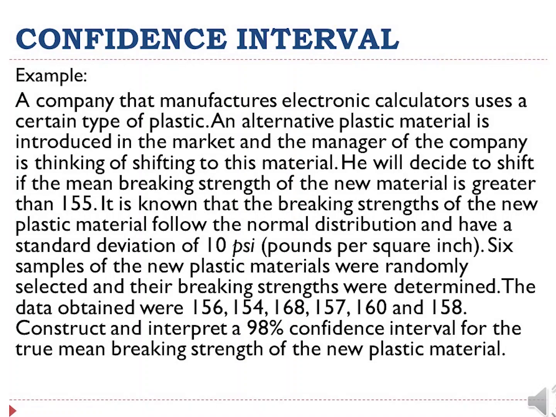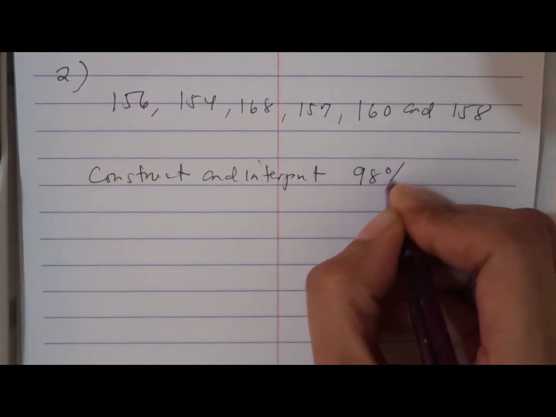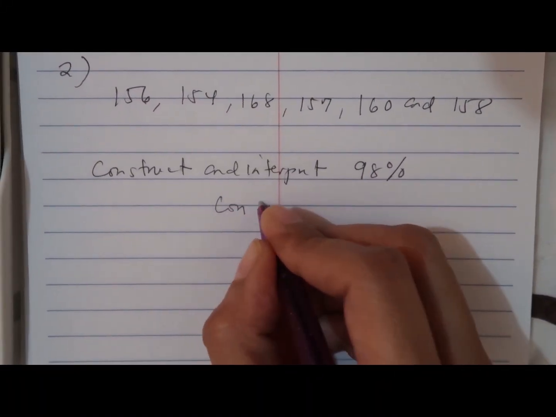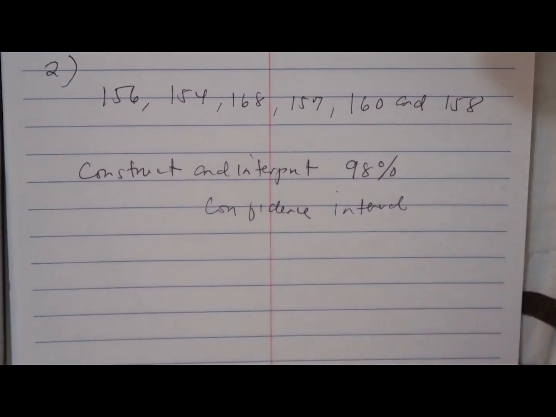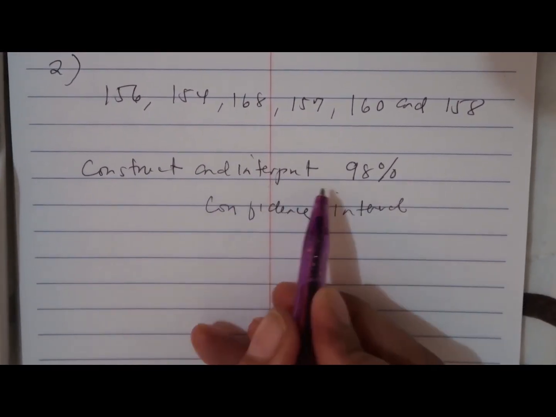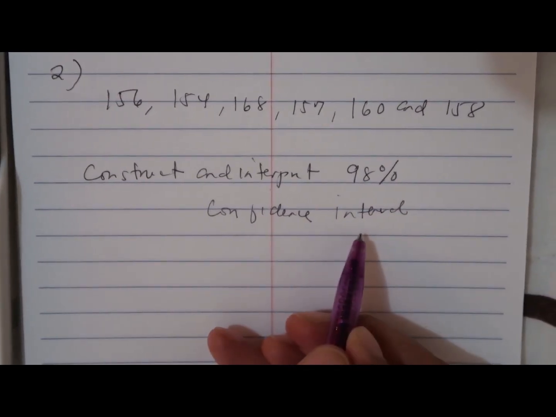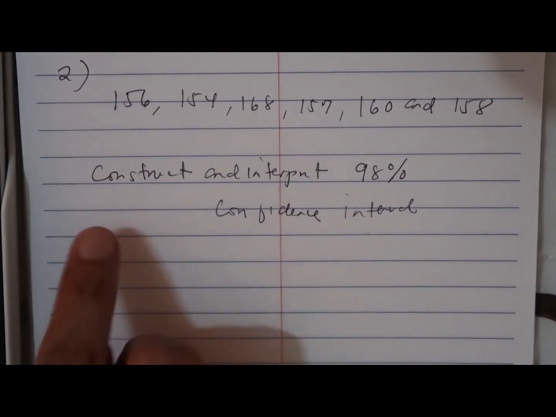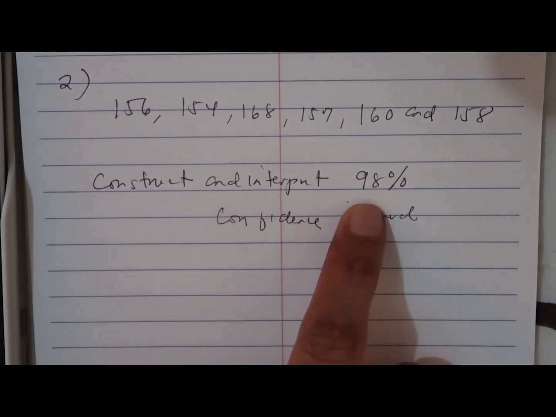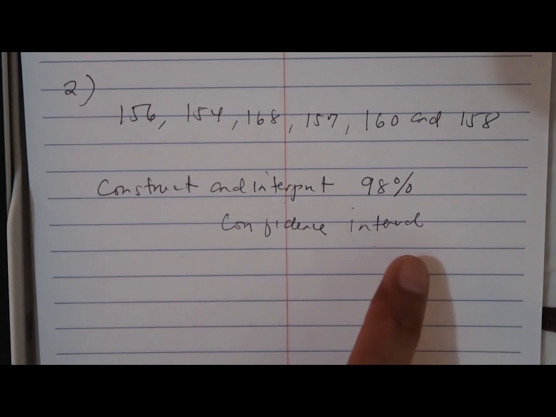We need to construct and interpret a 98% confidence interval. Okay? So first, we need to come up with a 98% confidence interval.